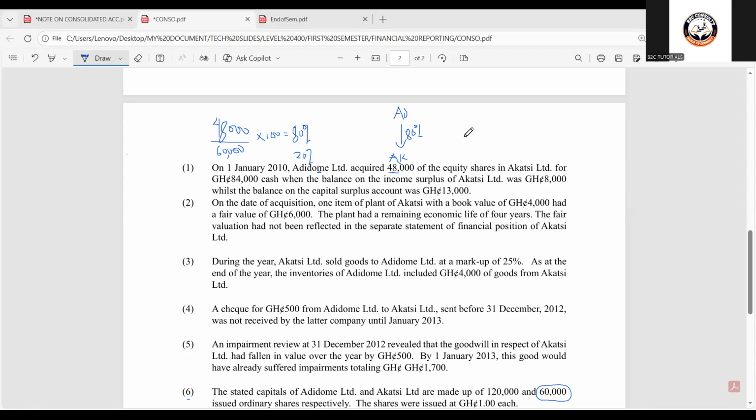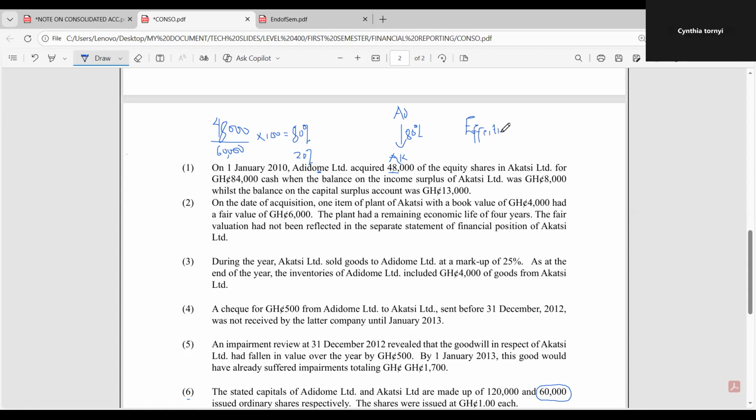Now, what will be the effective date of control? The effective date is when you bought the company. At what time did you buy the company? 1st January 2010.